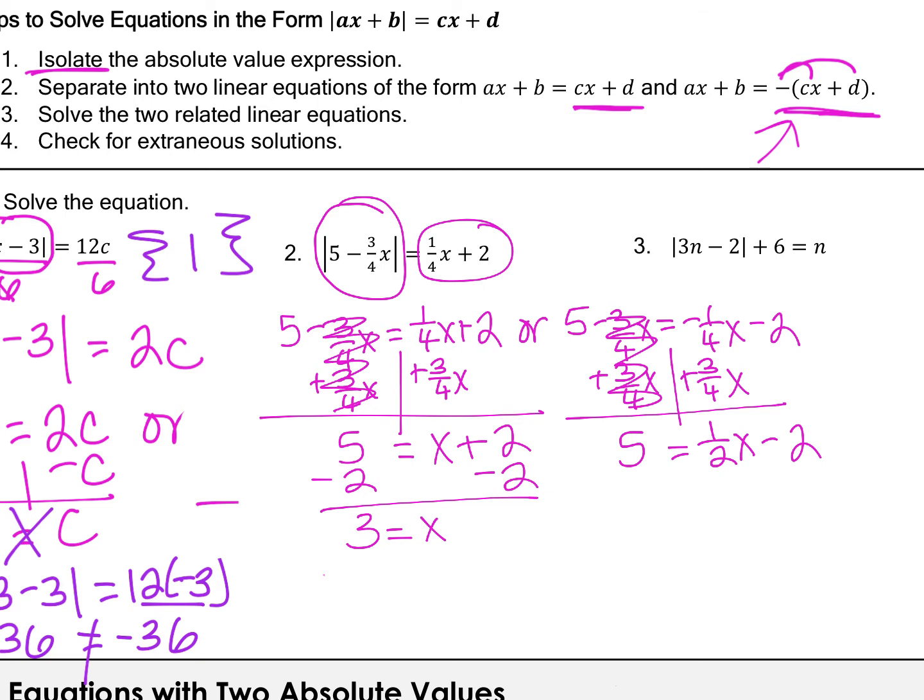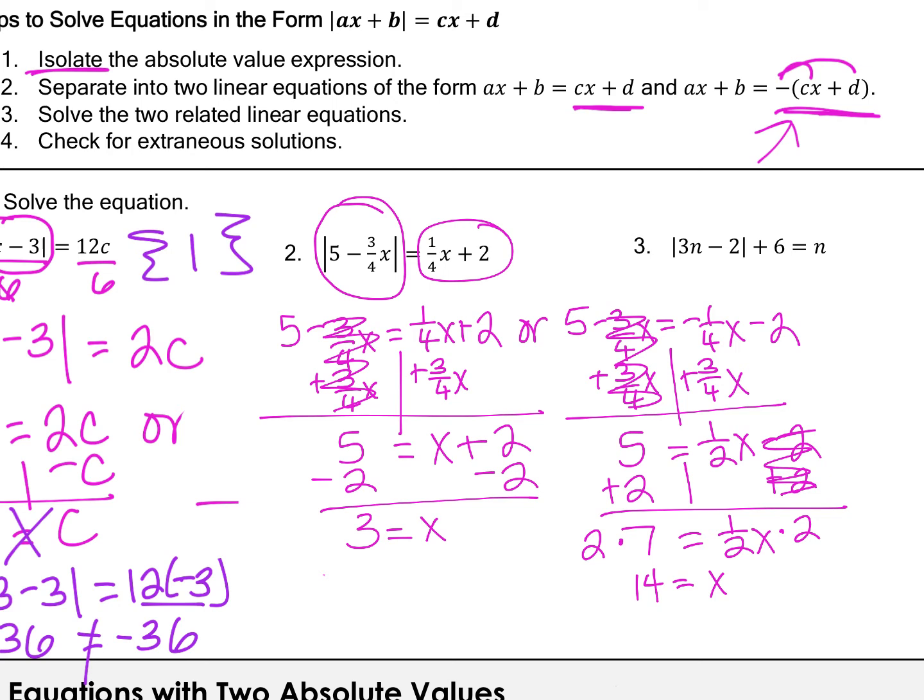So once we have that, we're going to isolate our x, add 2. So you get 7 equals 1/2 x, and then flip it and multiply. So multiply by 2. So you get 14 equals x.